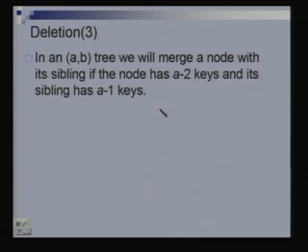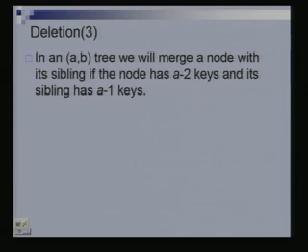So in an (a,b) tree, we will merge a node with its sibling. When will we merge a node with its sibling? That is the question. The minimum number of keys in a node is a minus 1, so the node that I am merging had a minus 2 keys.